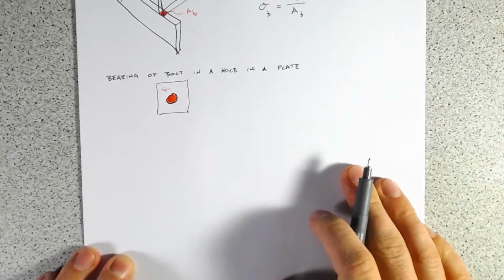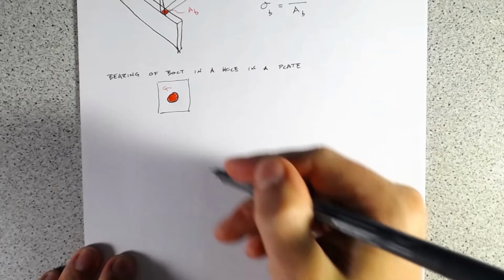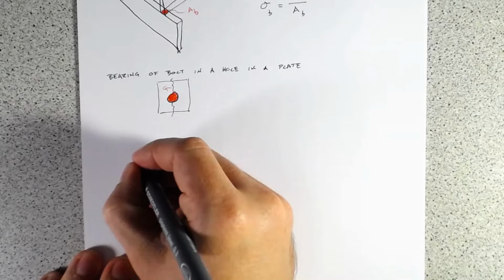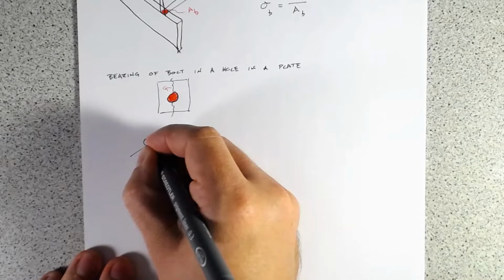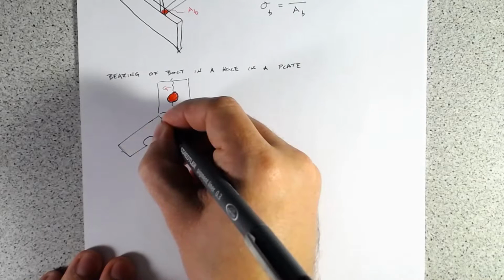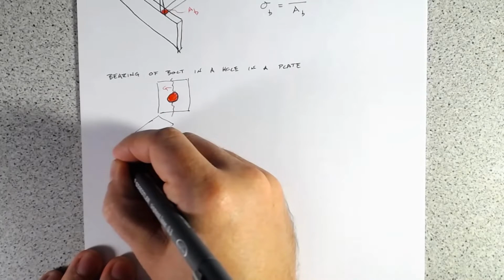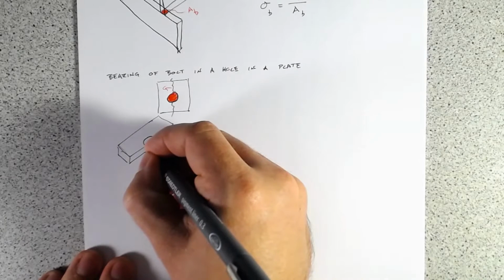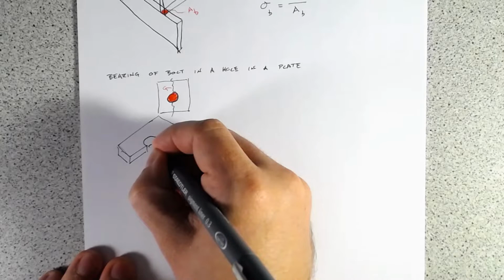So what does that look like? Well, let's take a section through here. So we've got our cutaway, so that's our cutaway of our plate.